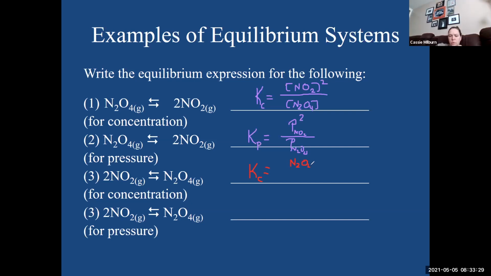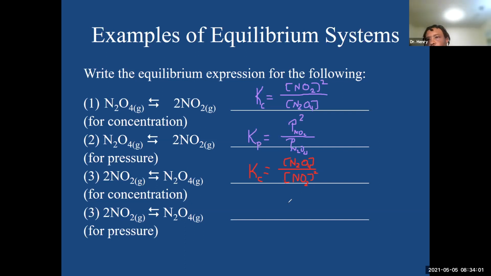And then 2NO2 is on the bottom. So concentration always has to have the brackets. Okay. And is the bottom, what is the power? Is it squared or is it cubed or is it the first? Squared. That's right.